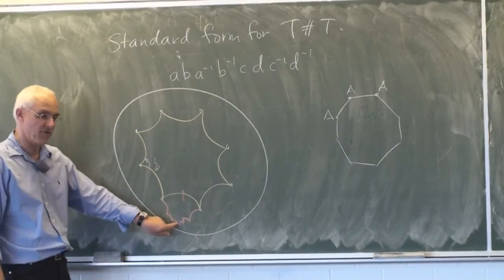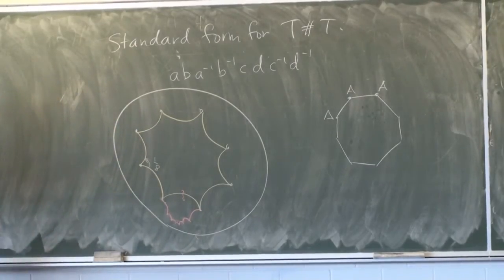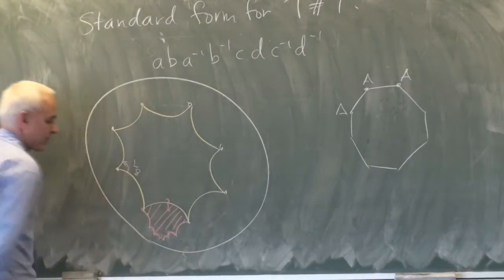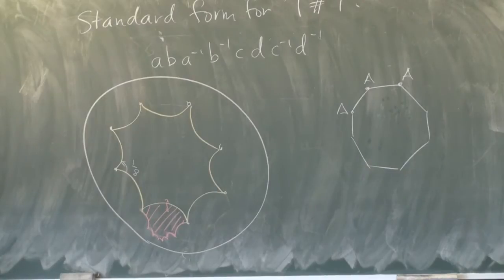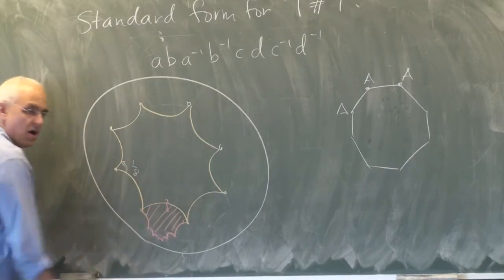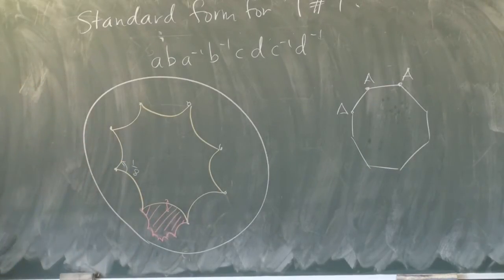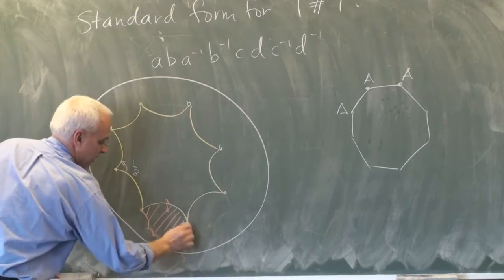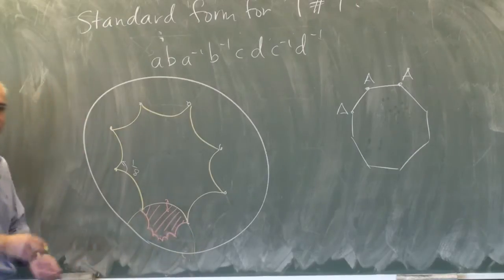The closer you get down here, the smaller the circles become. So this octagon and this octagon are congruent because they're obtained by reflecting in this circle here.